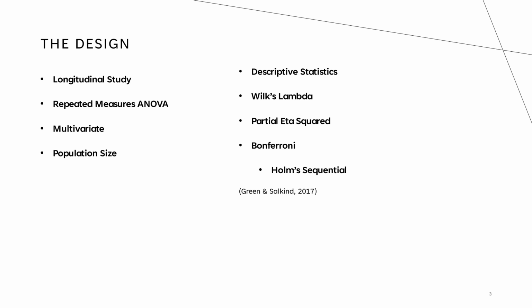So this will show how well the independent variable, the kids at home, explains the variance in the types of orders placed, which are the dependent variables. We'll also use partial eta squared because that shows effect size for the variables. And then we'll follow up with a Bonferroni approach of Holm's sequential procedure to control for type 1 errors. And you can see my references, Green and Salkind, 2017.